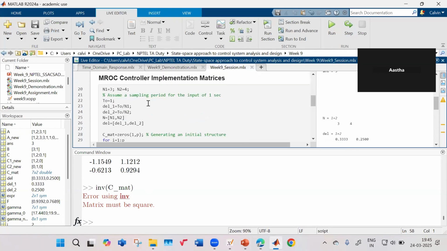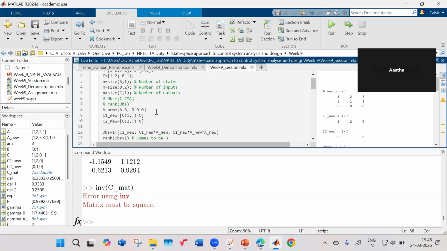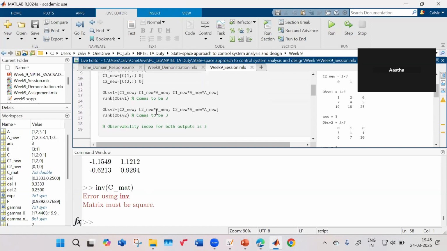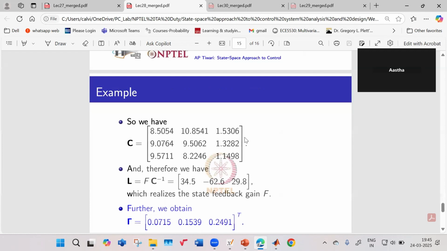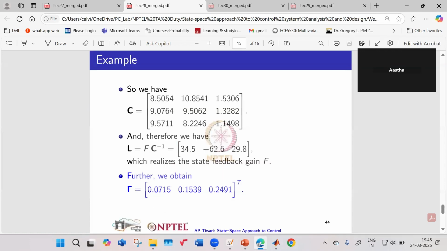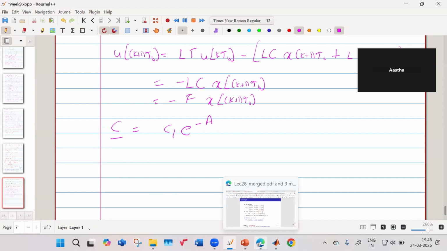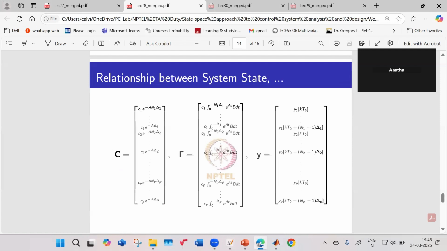C matrix is N1 into power minus A, N1 into delta 1.